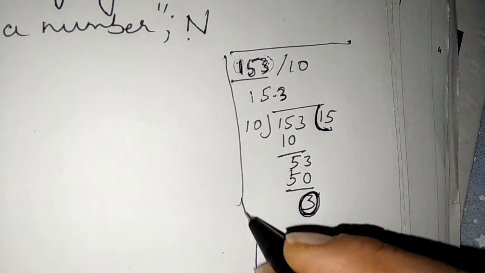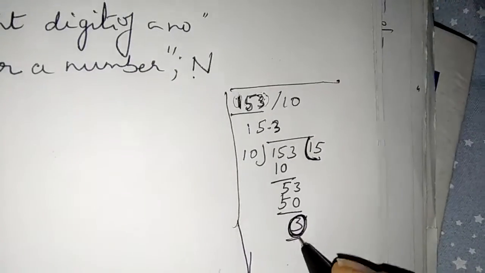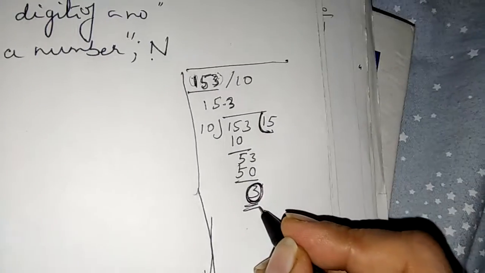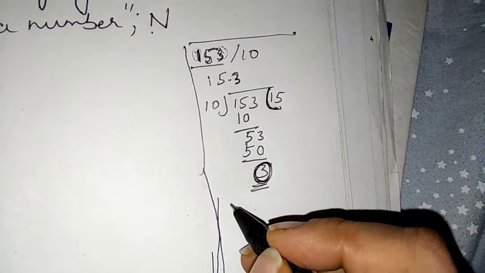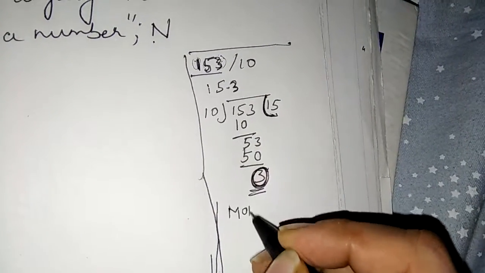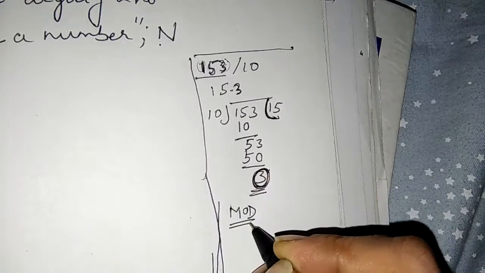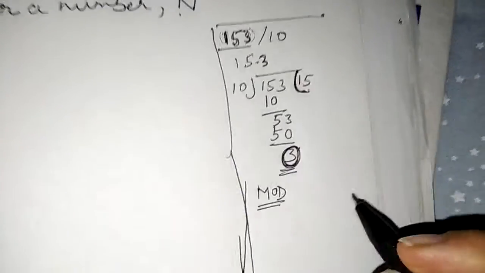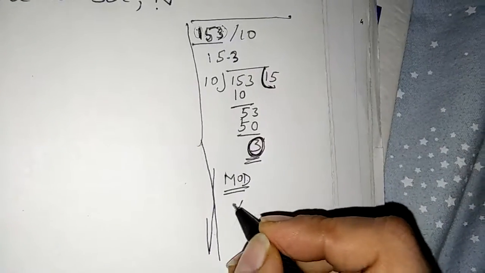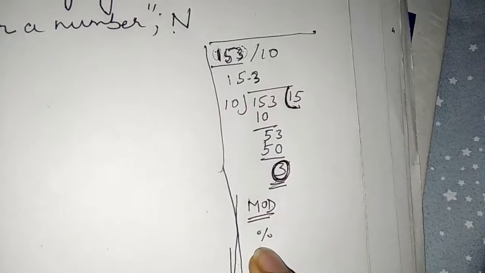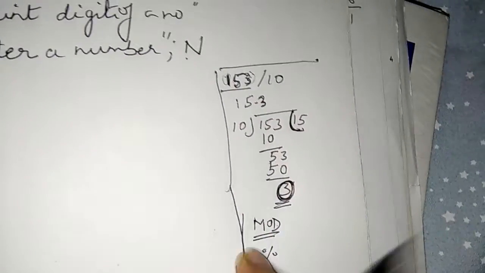By dividing a number by 10, I have to take out the remainder. Now for remainder we use the mod operator. In BASIC we have the modulus operator. In C or Java we have the percentage sign used as a modulus operator.